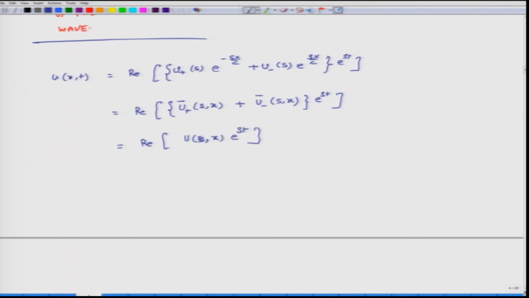So, these are different forms of transmission line equations for particle velocity. Okay.